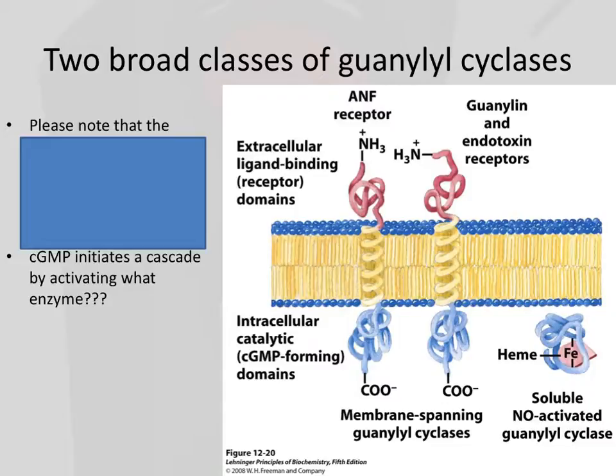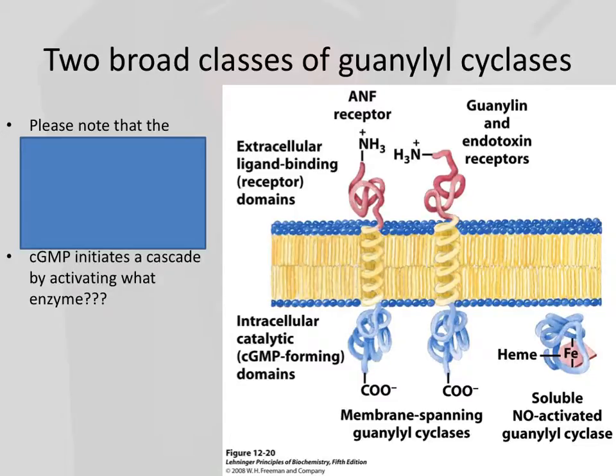Well, with guanylyl cyclases, there's a couple of differences, and there's some similarities. So if we look at this, we can see that there are 2 types of guanylyl cyclases. One is what we have been used to seeing so far, where we have the external binding portion, and internally it's going to cause a change.